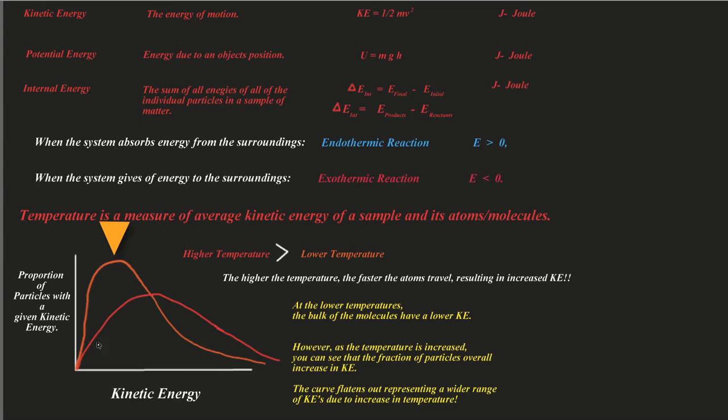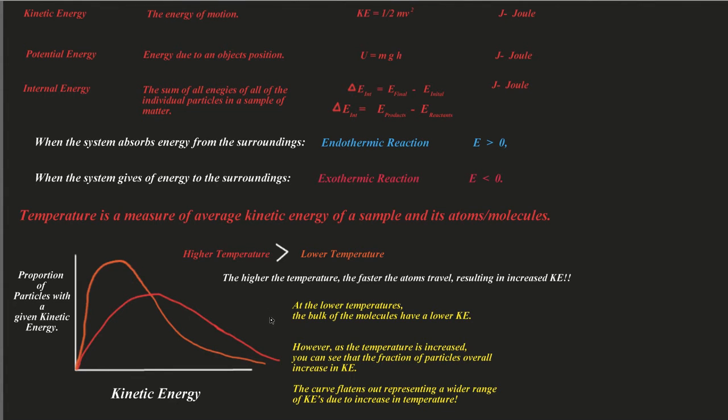But as the temperature gets higher, what happens is this curve will tend to flatten out because more and more of the molecules that were here will be traveling faster, and then they'll start to get a bigger kinetic energy. So that's what all this says. And it'll eventually start to widen out the higher and higher the temperature goes.